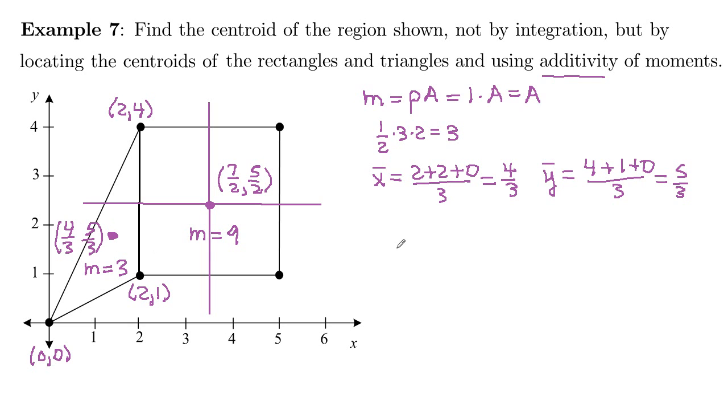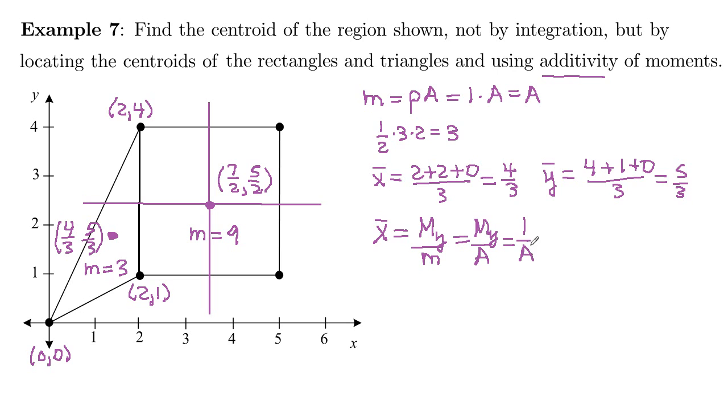So there's our centroid. Then x bar for the total region. By definition, x bar is the y moment divided by the total mass, which in our case, mass is area. So this will be the y moment divided by area, which is going to be 1 over the area.